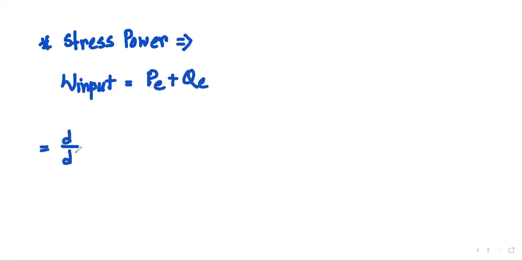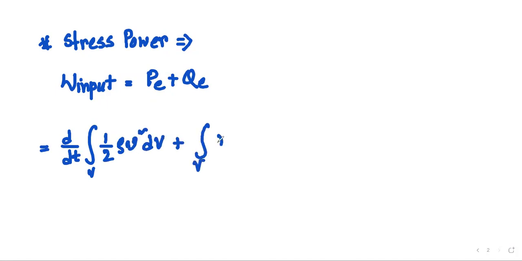Mechanical input, we have seen, has one part that is responsible for the change in kinetic energy. Another part is the mechanical stress power. This is the stress tensor contracted with D, the symmetric part of the velocity gradient.